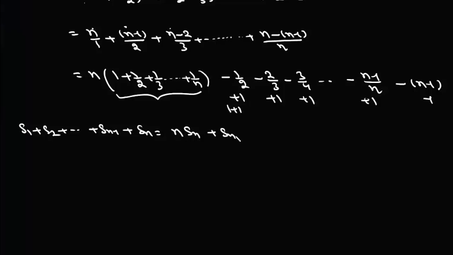So this again will be Sn, and here will be simply minus n. This Sn and Sn will cancel. So the sum of the series S1 plus S2 up to Sn minus 1 will be simply n Sn minus n. And that's your option A.